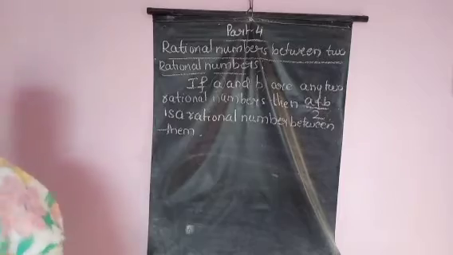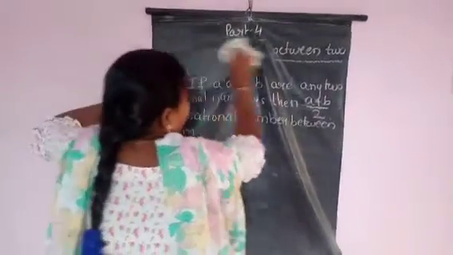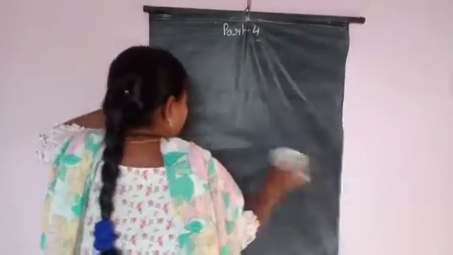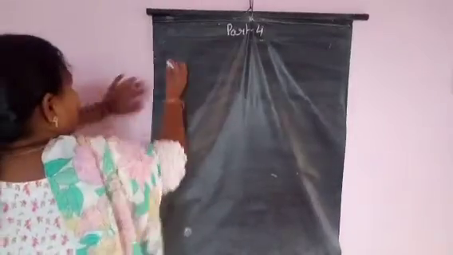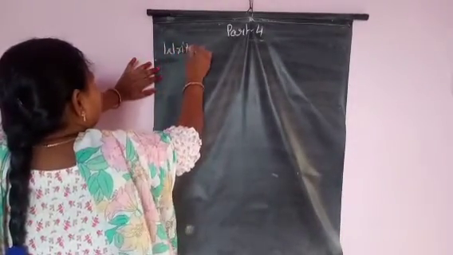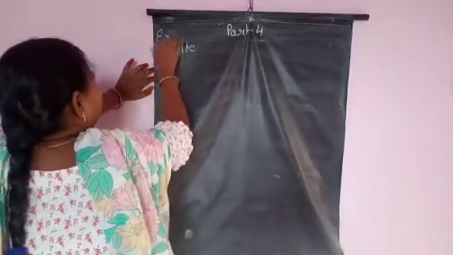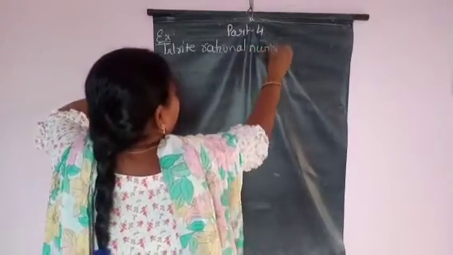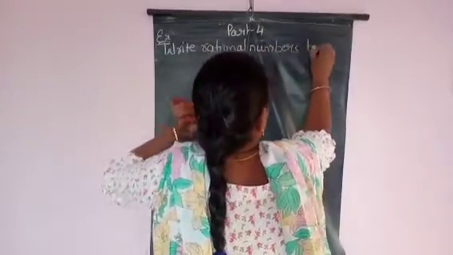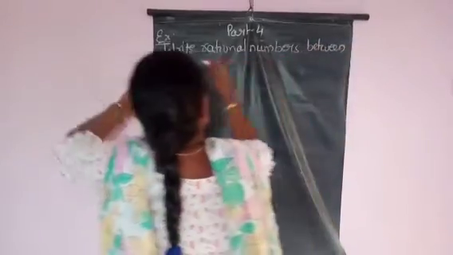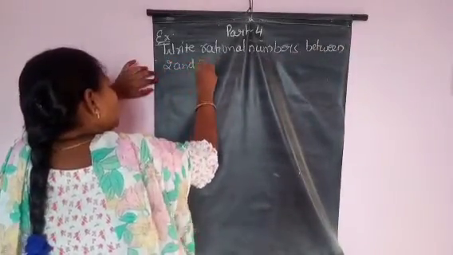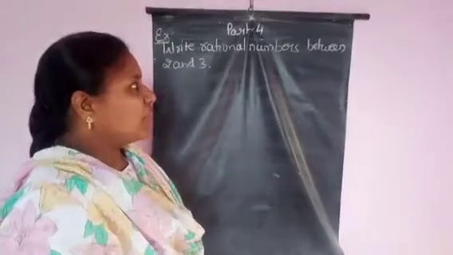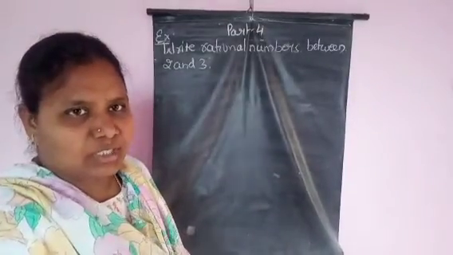Now our question: write rational numbers between 2 and 3. If our question is given like this, how can we find the rational numbers here?